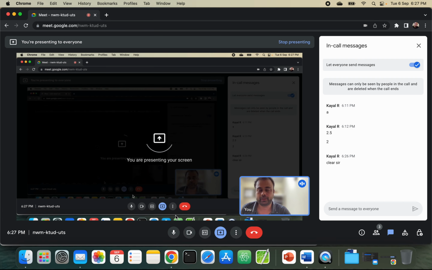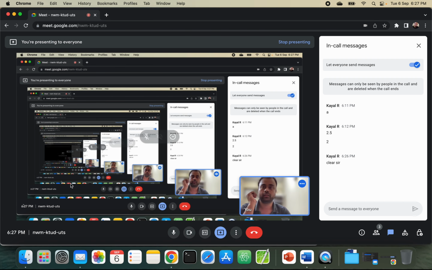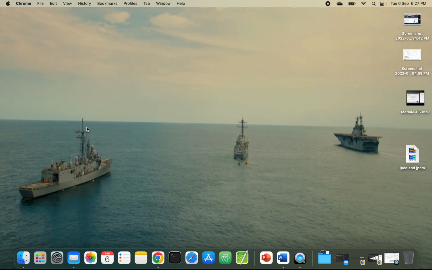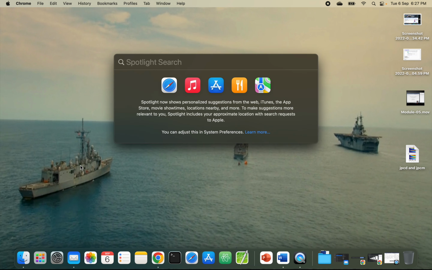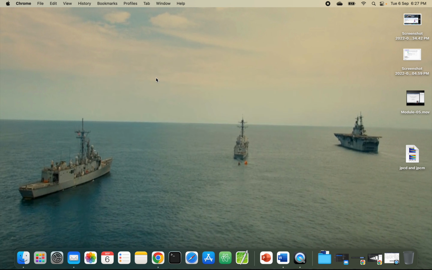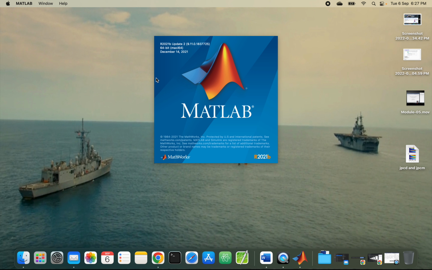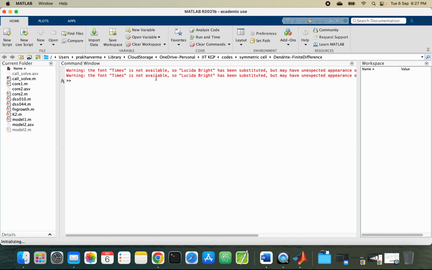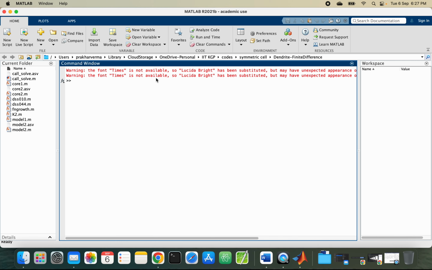Let us open MATLAB. I hope you are familiar with MATLAB. We'll try to plot this function and see how it looks in MATLAB. MATLAB will take some time to open. Okay, so we are now in MATLAB.